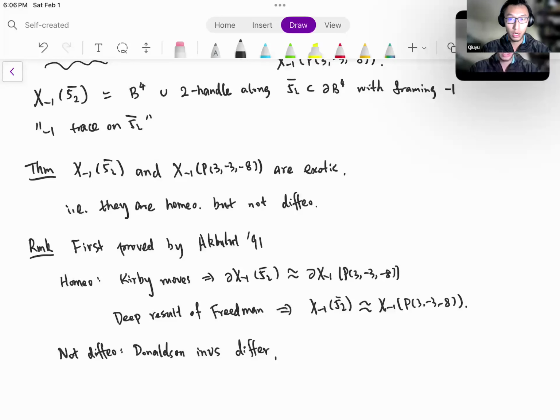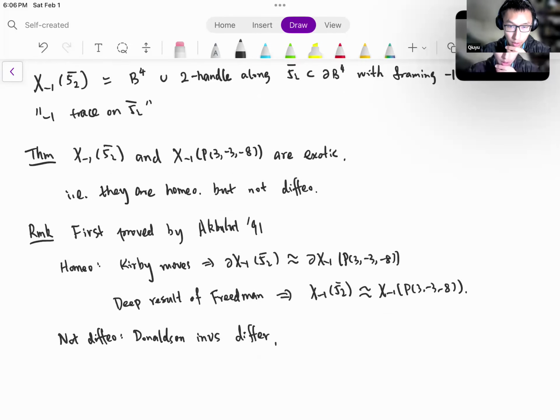Later there was an easier proof of the same result, again I think by Akbulut and one of his collaborators, using the Seiberg-Witten invariants instead of the Donaldson invariants. The calculation is formally simpler, but still depends on many deep results in, for example, symplectic geometry.